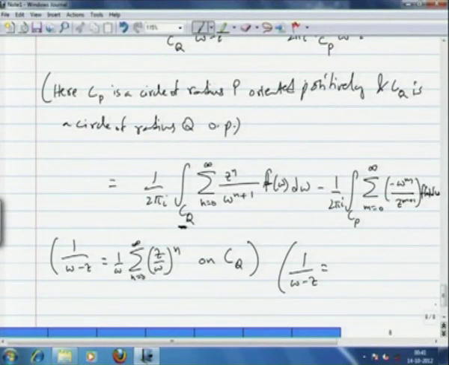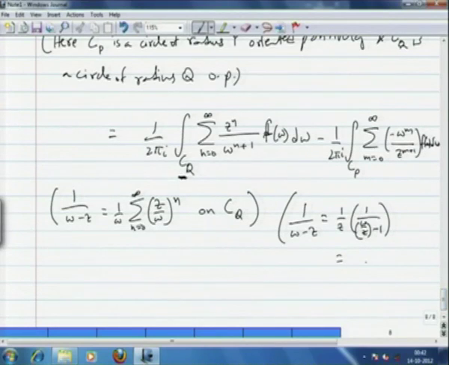You can do the trick that we did at the beginning of this session: pull out a 1 by z times 1 by w by z minus 1, and that can be expanded as a geometric series. So you get 1 by z times minus the sum over m equals 0 through infinity of w by z power m, and hence the second expression as a series.